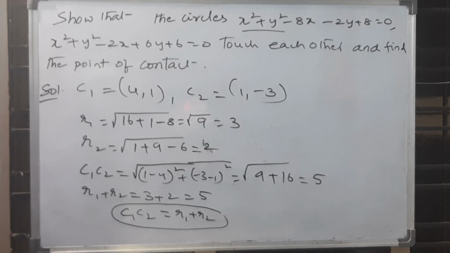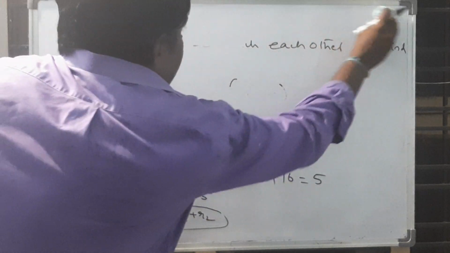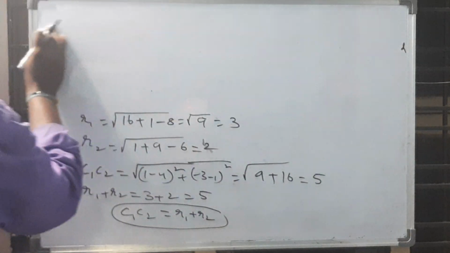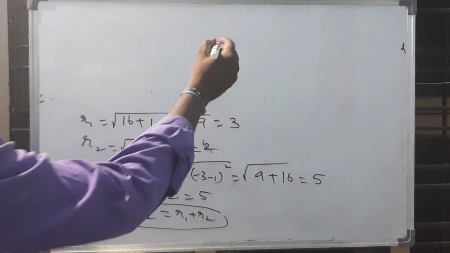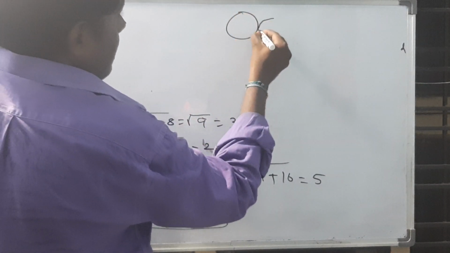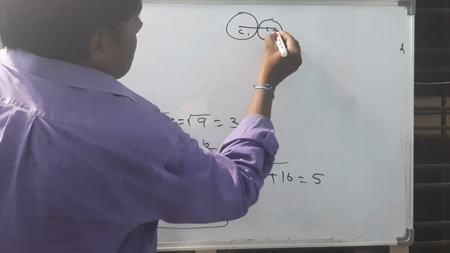Next, what we have to find? We have to find the point of contact. Now these two circles touch externally because C1C2 equals R1 plus R2.